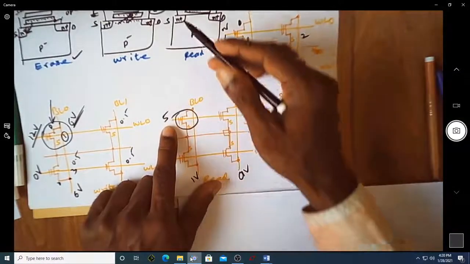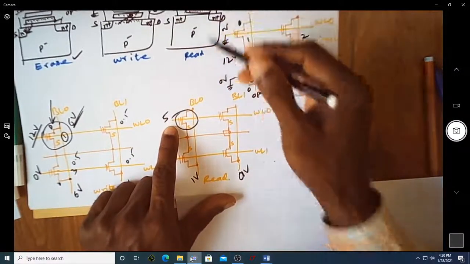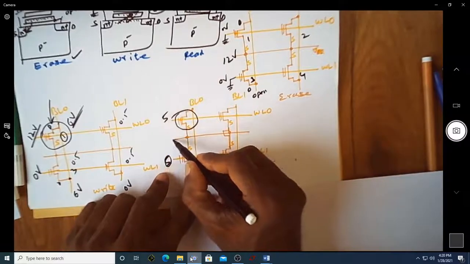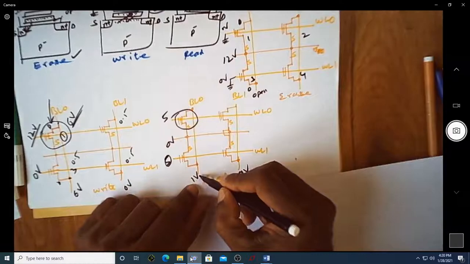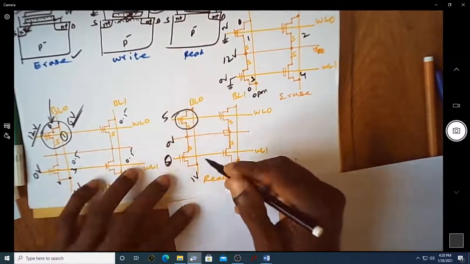The gate is connected to 5 volt, the source is grounded, and the drain is connected to 1 volt.